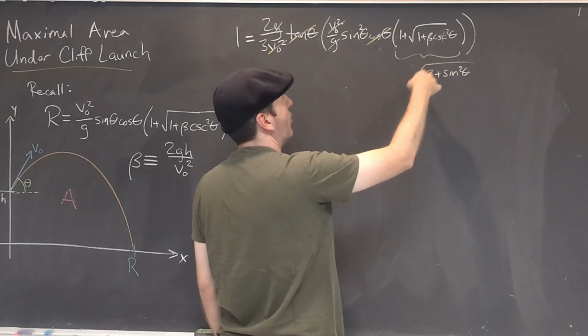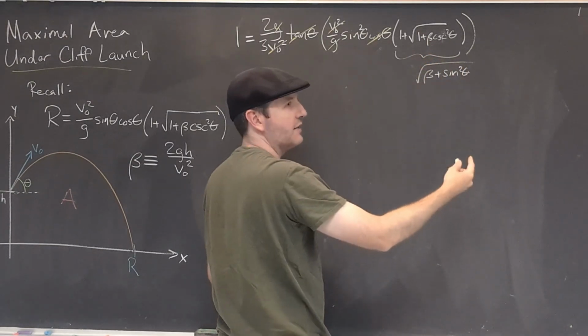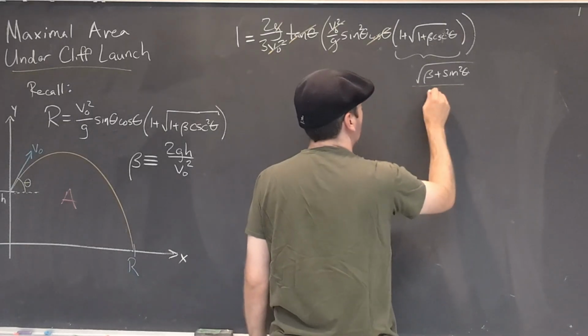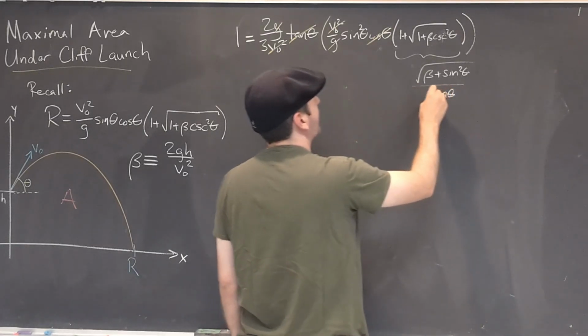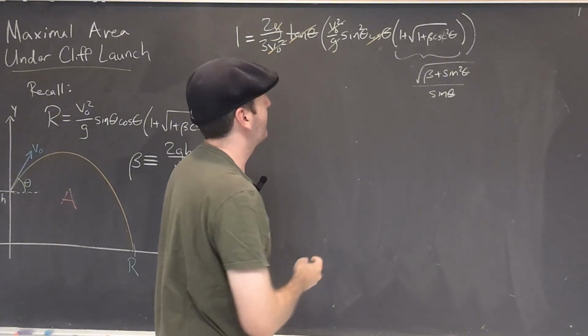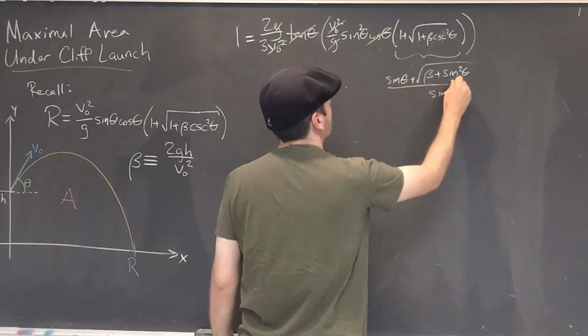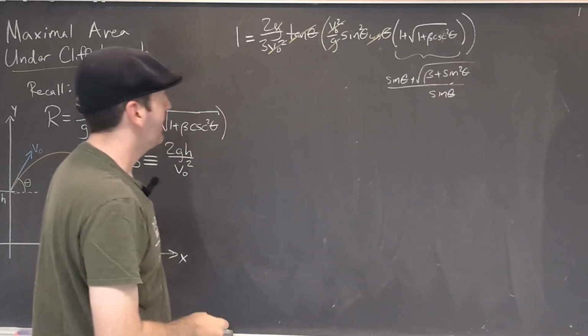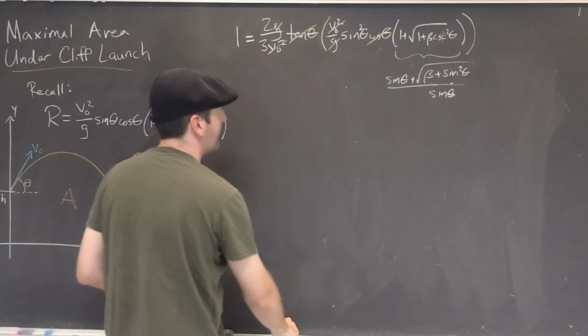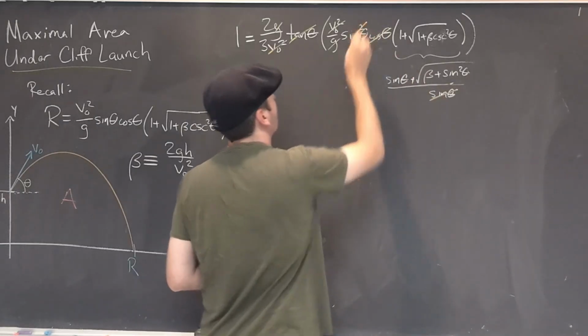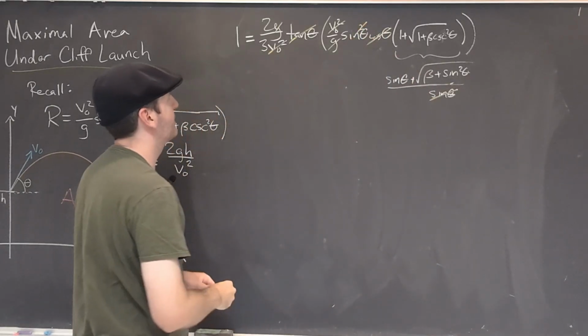All of that is over the square root of sine squared, but that'll just be sine. And then there's this plus 1 out front. I guess I'll make that into a sine over sine as well. And that's kind of nice because then this sine and one of those sines also cancel down.